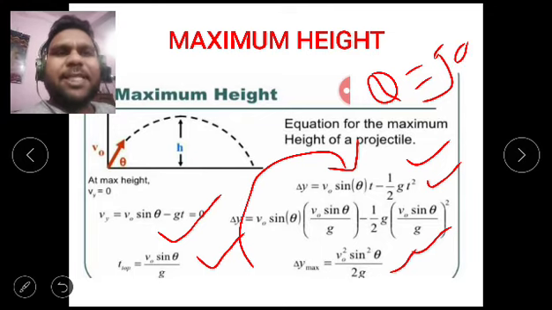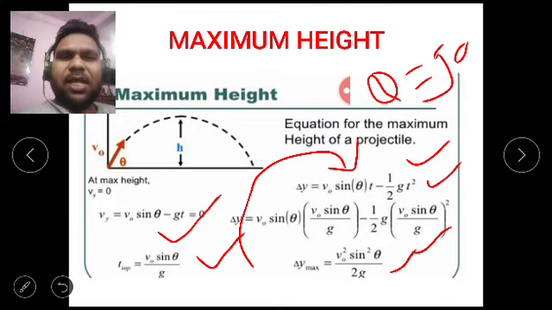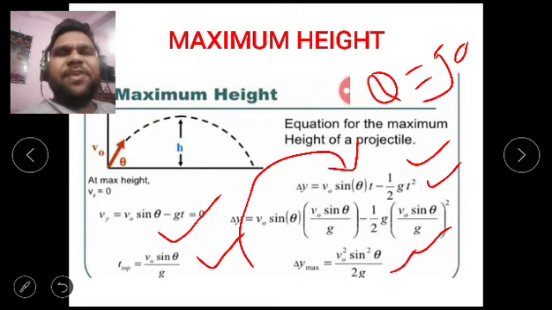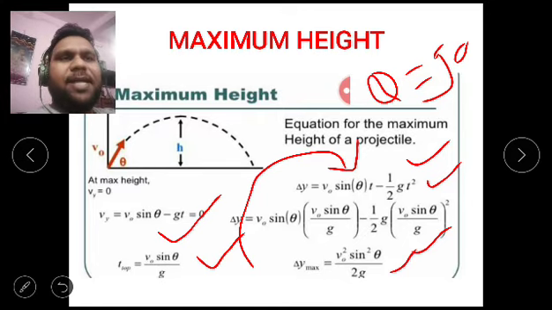So you will get the maximum height by the formula v square sin square theta upon 2g, where v is the velocity of projection and theta is the angle of projection. The maximum height will be maximum at theta is equal to 90, and it will be equal to v square upon 2g.